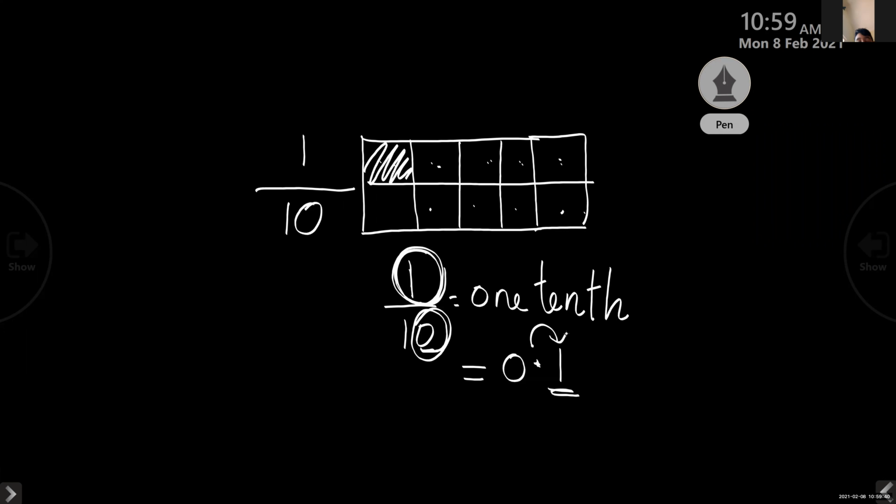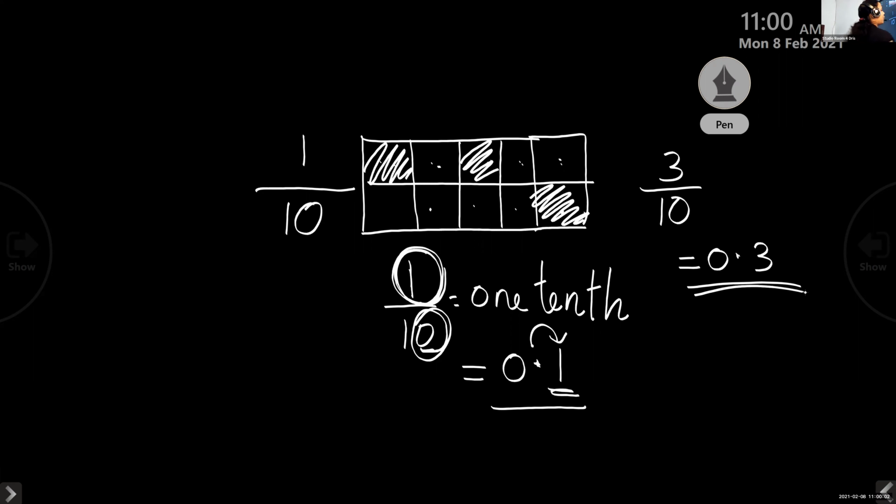Okay, children, if I take two more parts, what is this fraction now? 3 by 10. Very good. How can I write this in decimal form? 0.3. Very good.